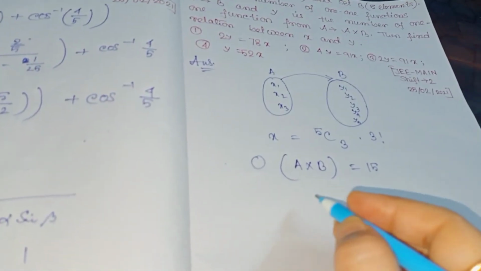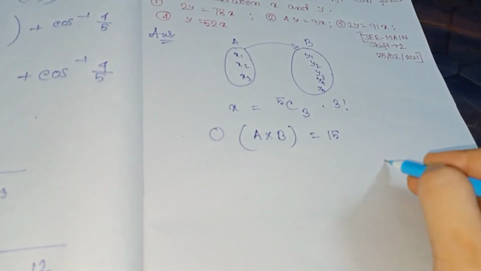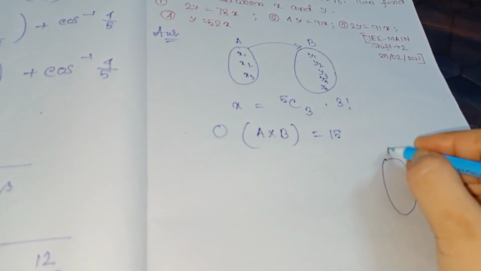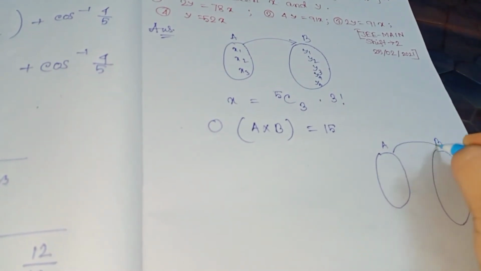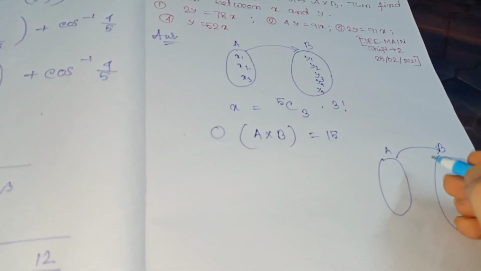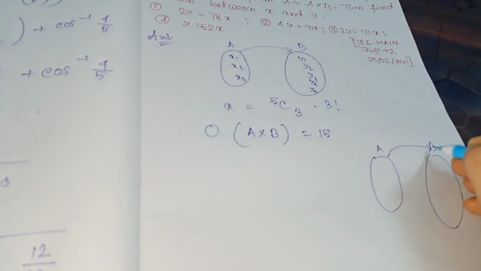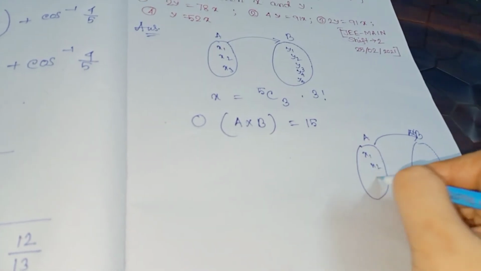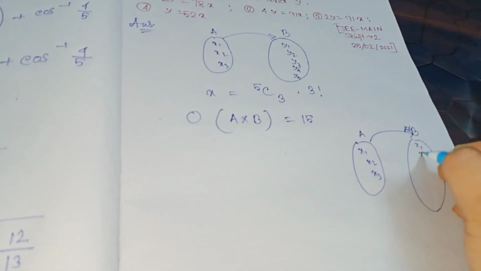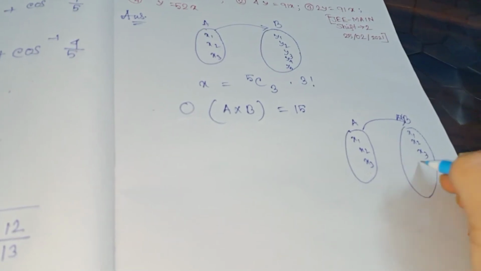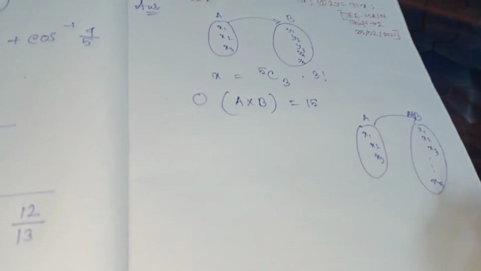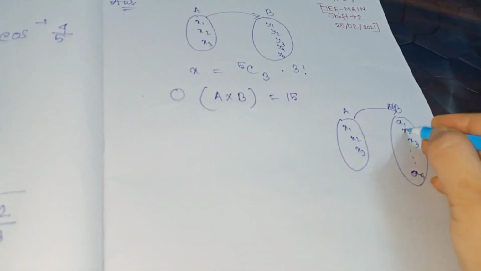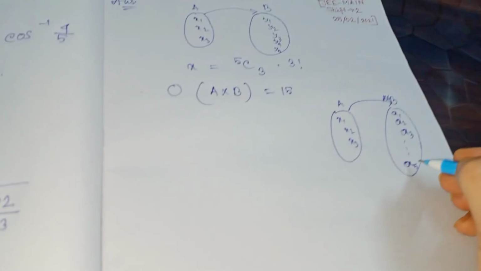So when we draw this set, here is A, and here is A cross B, and it maps A to A cross B. So it is x1, x2, x3, and a1, a2, a3 up to a15.